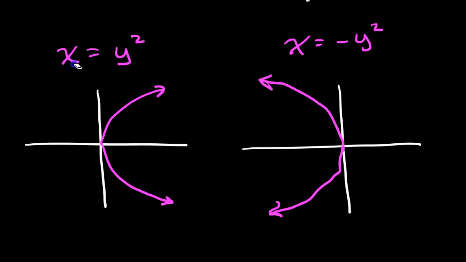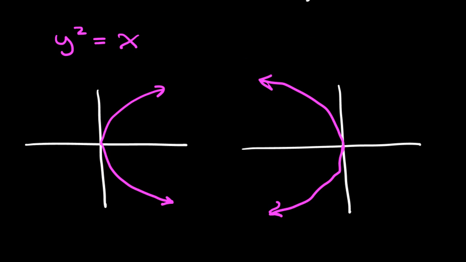Now in this unit, again, the squared term will be written first in almost all cases. So you will see something like this, y squared is equal to x. But still, as soon as you see that y term being squared, you know it will be a sideways parabola. And the equation for this, in this unit, will be written more like this, y squared equals negative x.